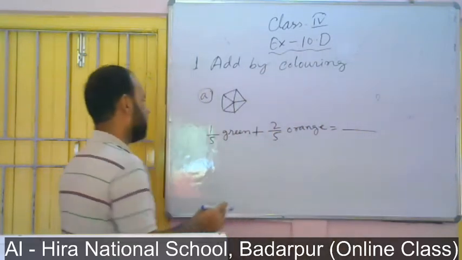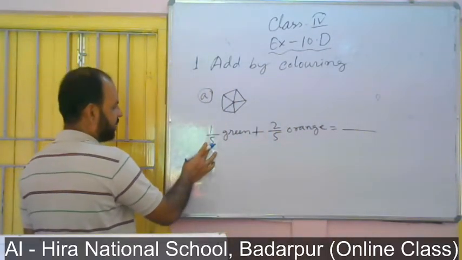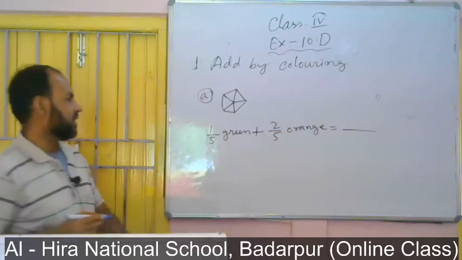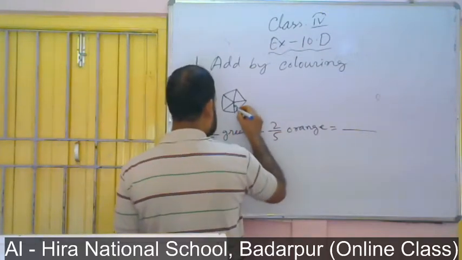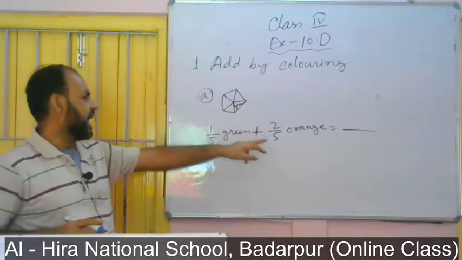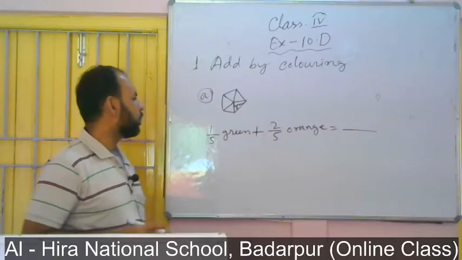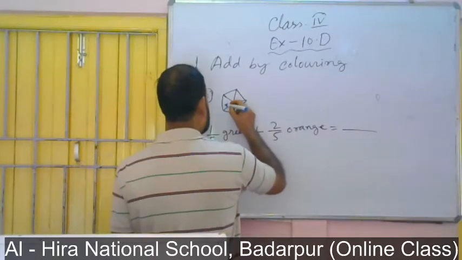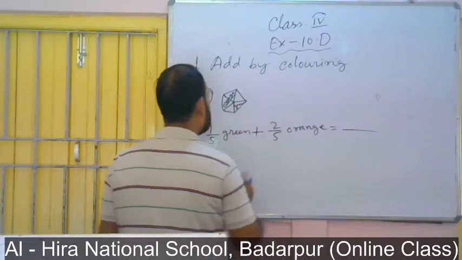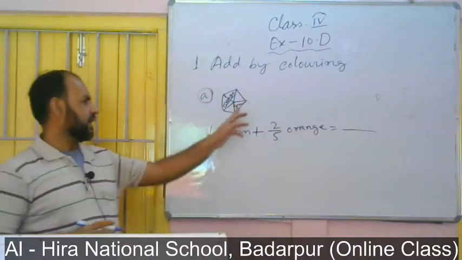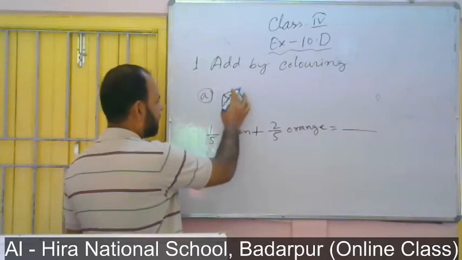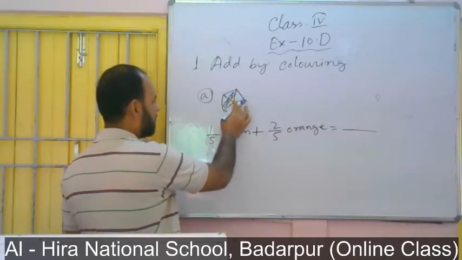So here we see 1 by 5 green. Out of 5 parts, 1 part is green, and out of 5 parts, 2 parts are orange. So out of 5 parts, how many parts are colored? 1, 2, 3, 3 parts.